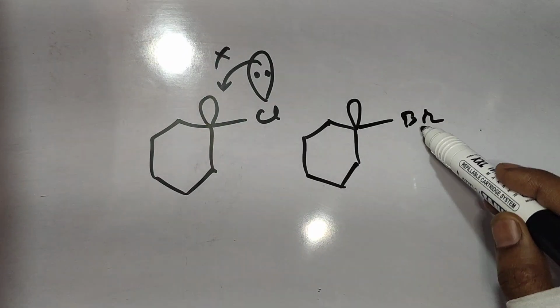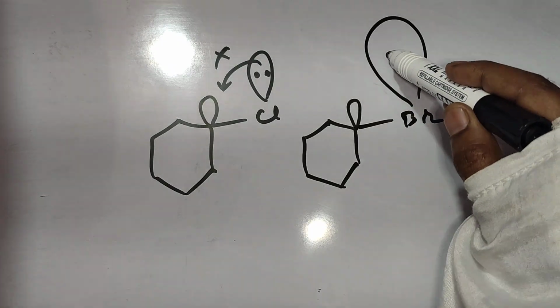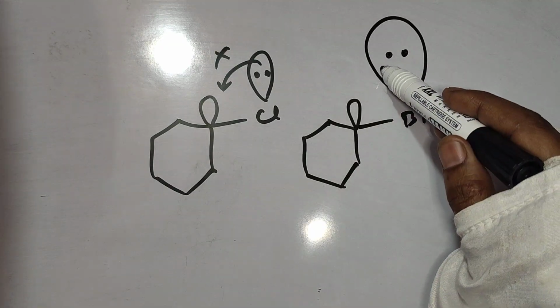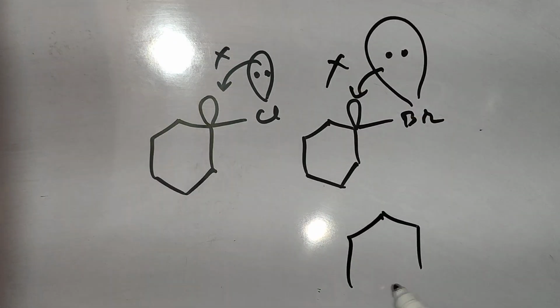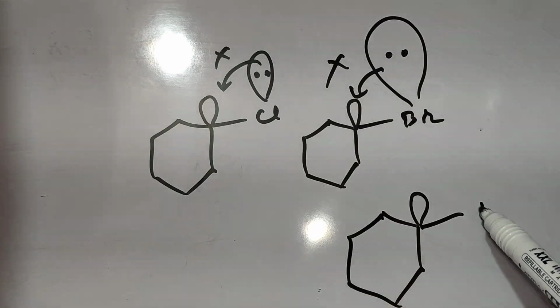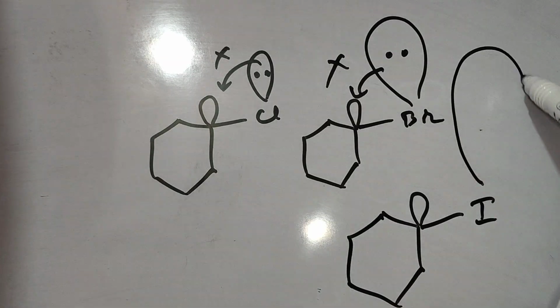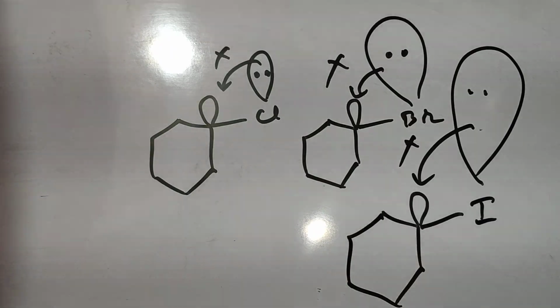Bromine atomic size is bigger than chlorine, so atomic orbital size will further increase. Can they overlap properly? No chance. And if I talk about iodine, iodine is much bigger than bromine. So its lone pair is like this. Can they overlap? No chance. That's it. That's why chlorine, bromine, iodine can't show plus R effect.